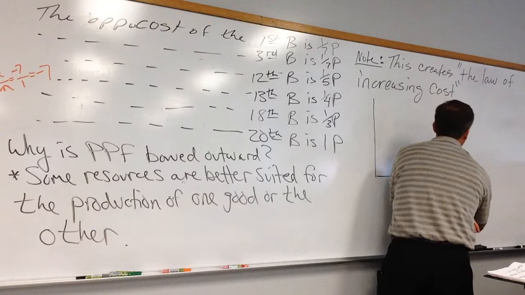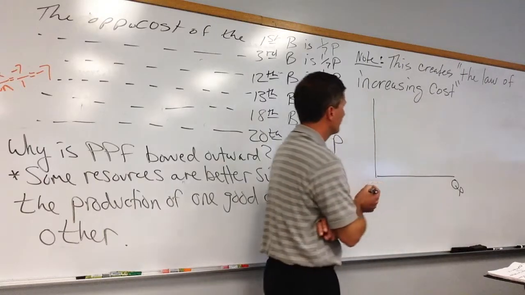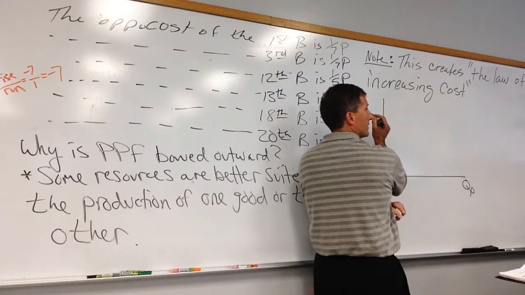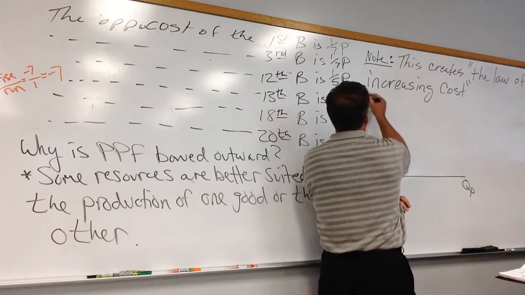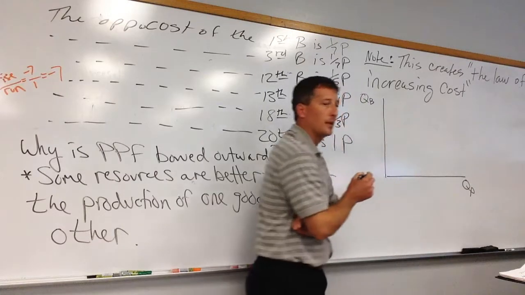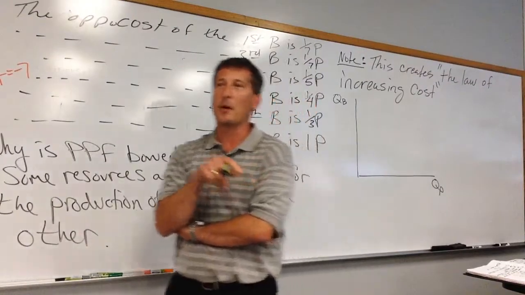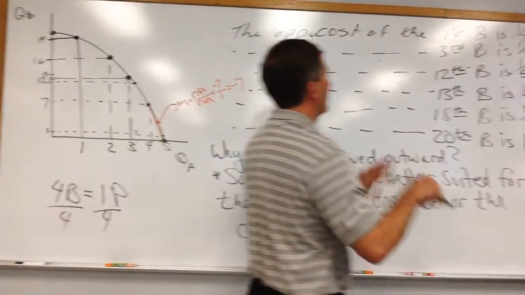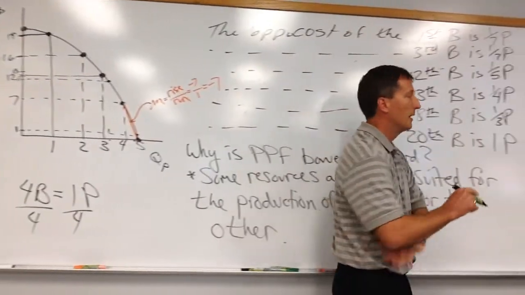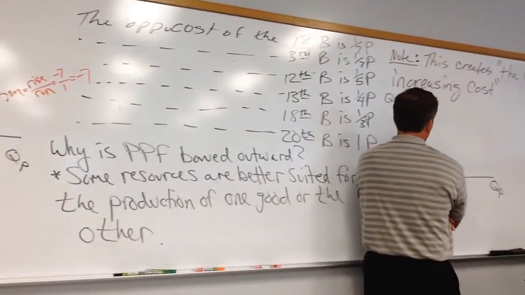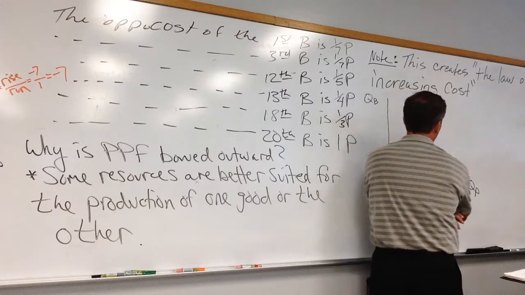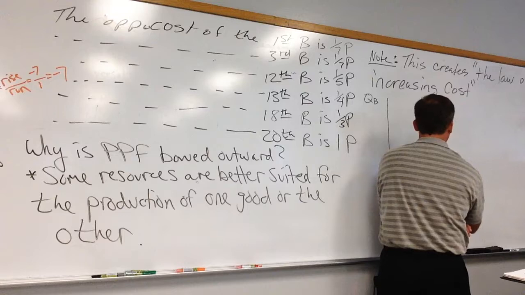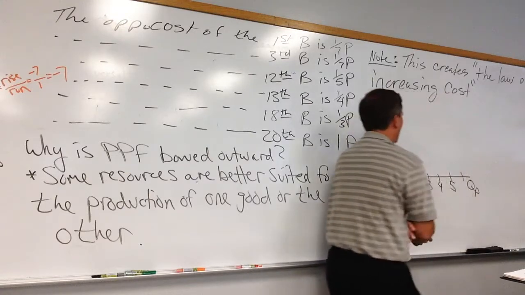Let's take the quantity of pizza graphically on the horizontal axis, and the quantity of beer up here. But I'm going to graph something different this time. I want to graph what we call the marginal cost curve, those costs that we had. So go ahead and put 1, 2, 3, 4, 5, you don't have to go to 6.